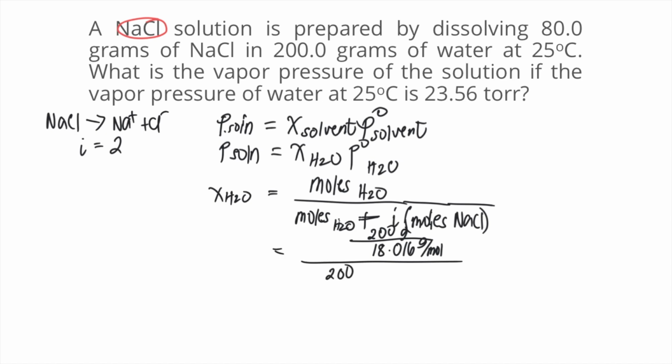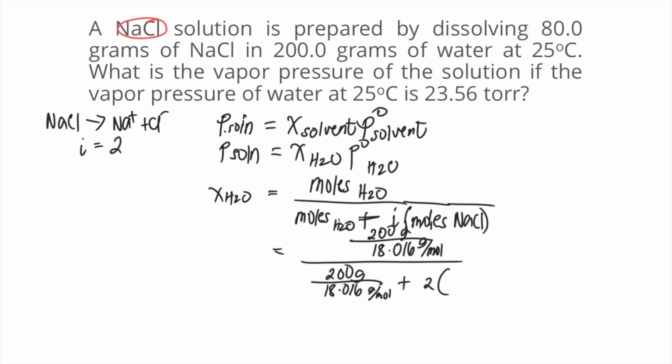So again, that's 200 grams divided by 18.016 grams per mole, plus the Van 't Hoff factor for NaCl, which is 2, times the moles of NaCl.